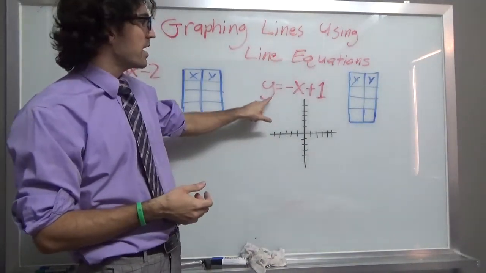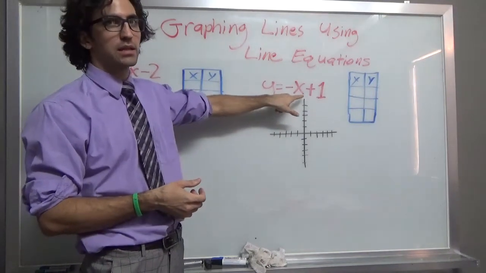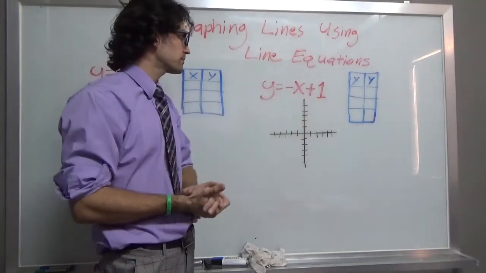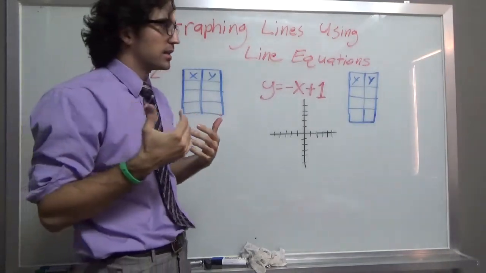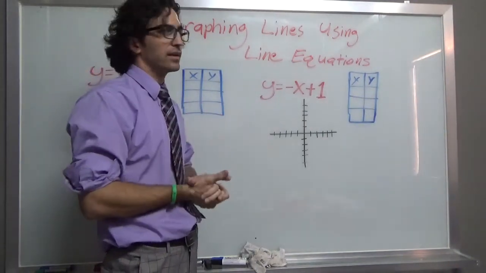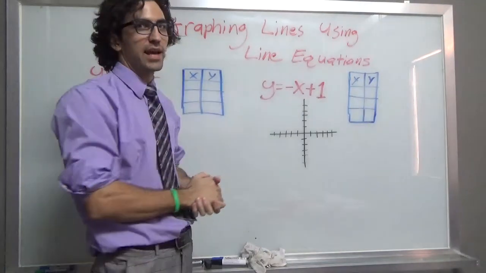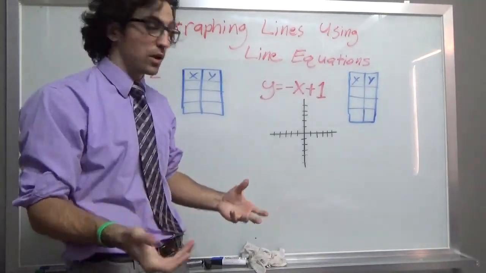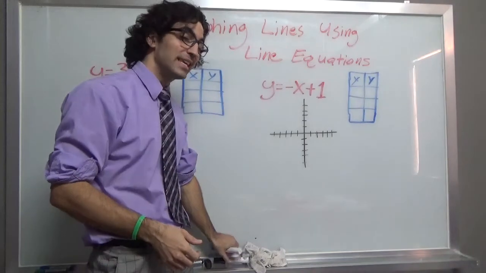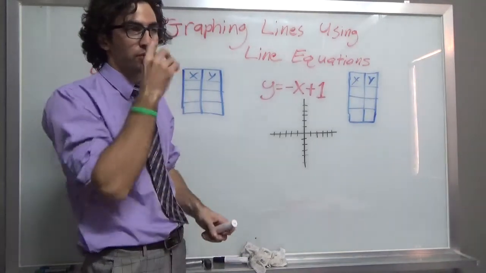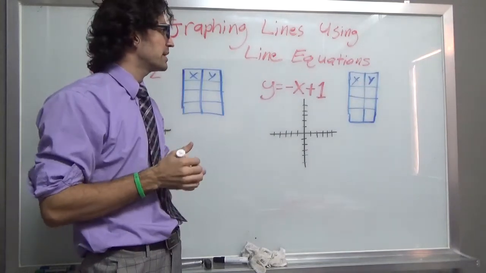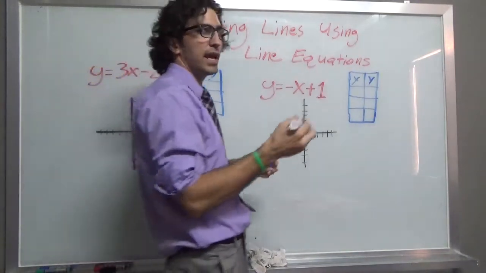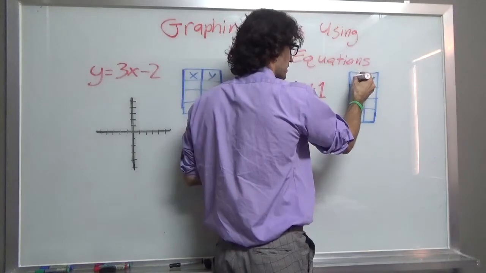We have y equals negative x plus 1. If you're unfamiliar with linear equations, you might not grasp just by looking at it what the graph is supposed to look like. So probably the easiest way to figure out how to graph this would be to create a table like this.